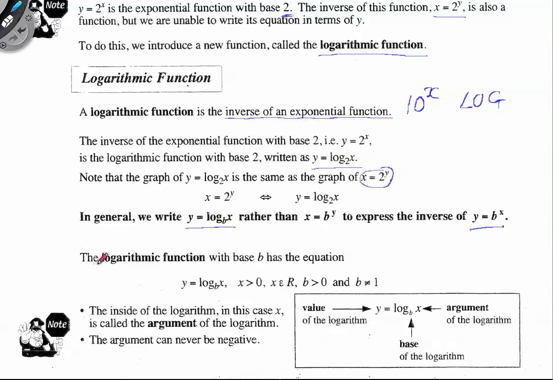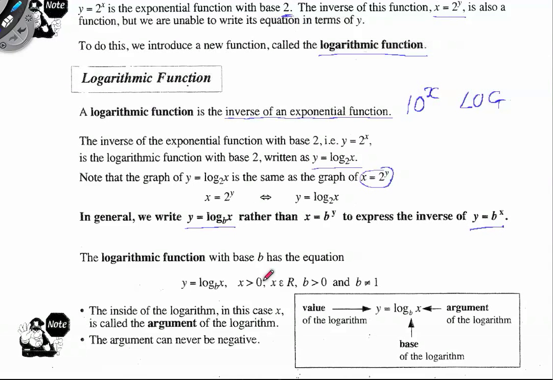Let's read on here. The log function with base b has this equation. X in any log function here, what we're logging has to be greater than 0.